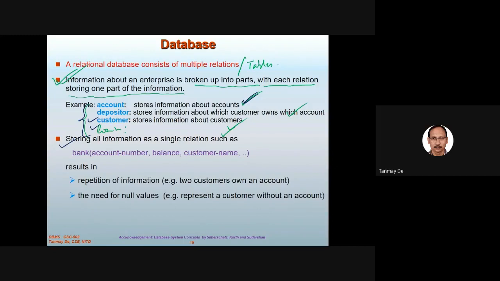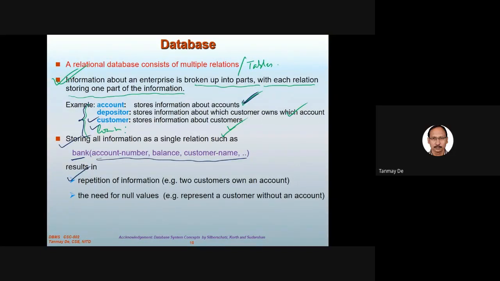But if we do not divide it into a number of parts, suppose we consider only the bank as the relation, or one table, that contains all the attribute values. So what is the problem here? There is a repetition of the information. There may be two customers who own one savings account, that is, joint account holders, so for that both rows are required. Or suppose one of the customers has an account but has not taken a loan.